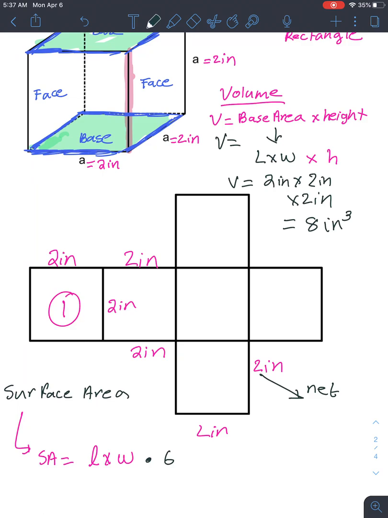Recall each side is 2 inches, so we get 24 square inches.